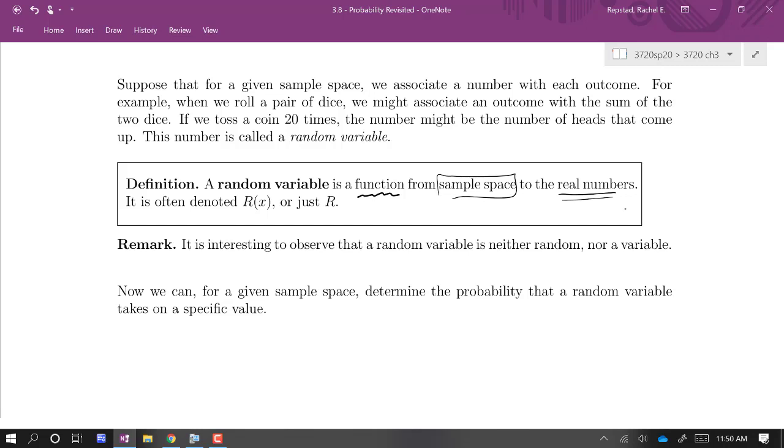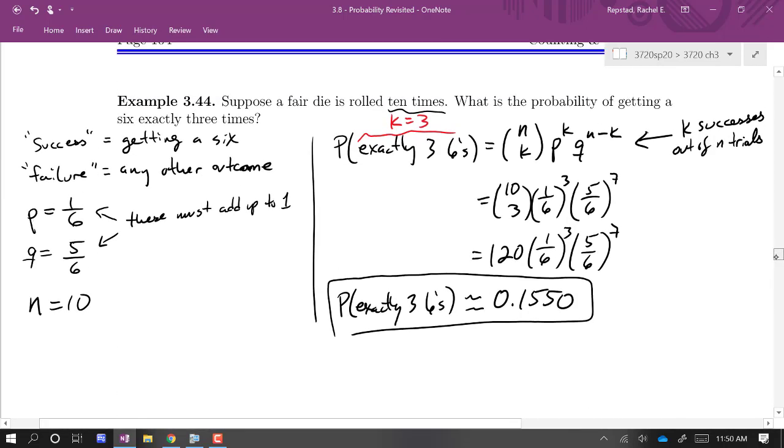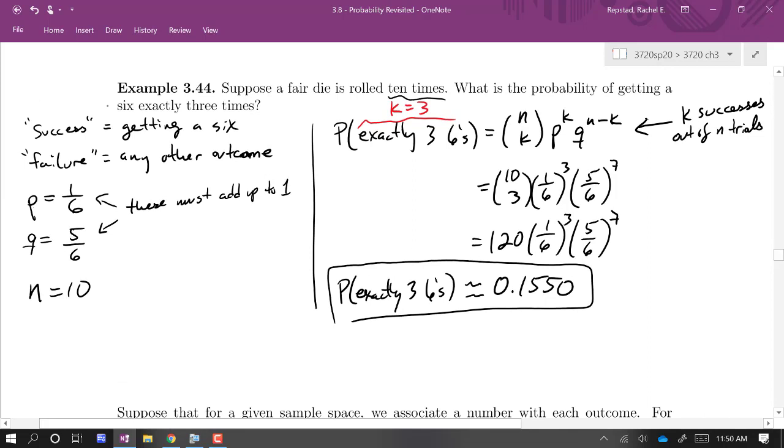So now what we can do is, for a given sample space, determine the probability that a random variable takes on some specific value. And in fact, we kind of did that up here, right? In this scenario, we roll a die 10 times. We found the probability that we got exactly 3 6s. So maybe in a scenario where an experiment is I roll a die 10 times, I might define the random variable to count how many 6s come up.